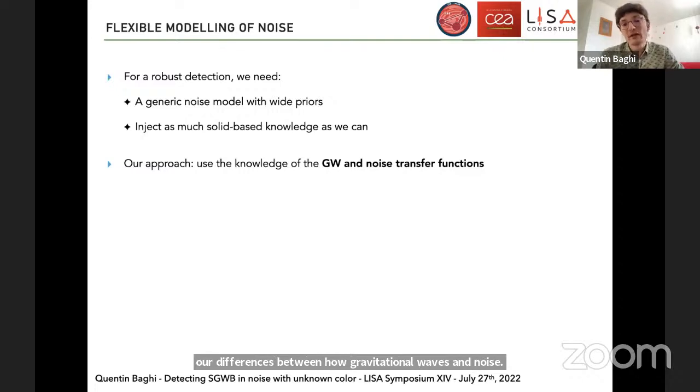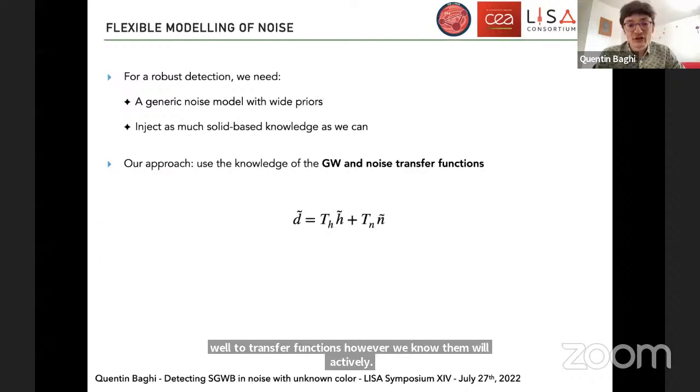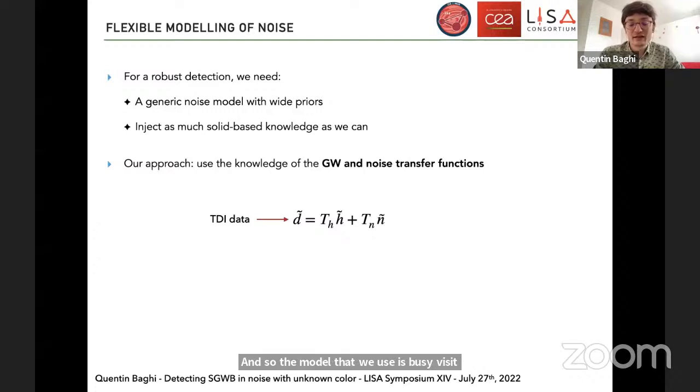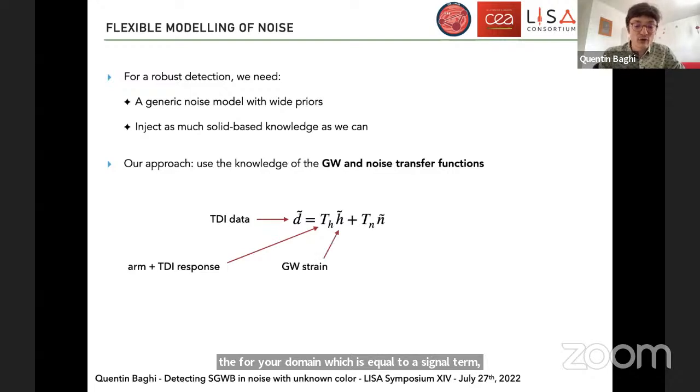So basically the differences in the transfer functions. We may not know in absolute value very well the transfer functions. However, we know them relatively. And so the model that we use is basically the TDI data in the Fourier domain, which is equal to a signal term, which is expressed as a transfer function times the gravitational wave strain.